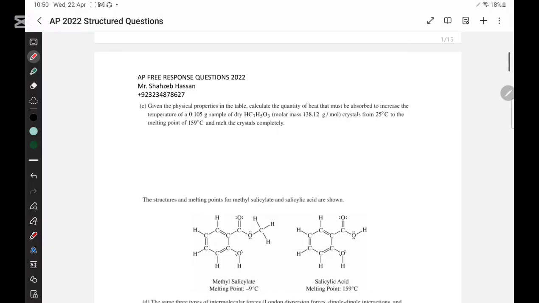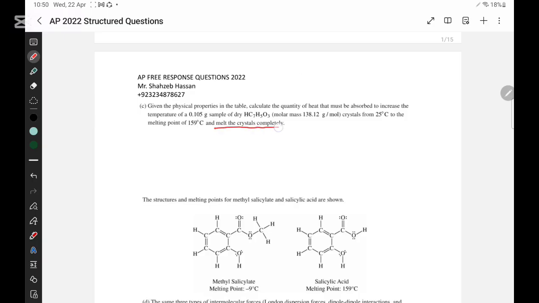Moving towards the next question: given the physical properties in the table, calculate the quantity of heat that must be absorbed to increase the temperature of 0.015 gram sample of dry acid crystals from 25 degrees Celsius to the melting point of 159 degrees Celsius and melt the crystal completely.